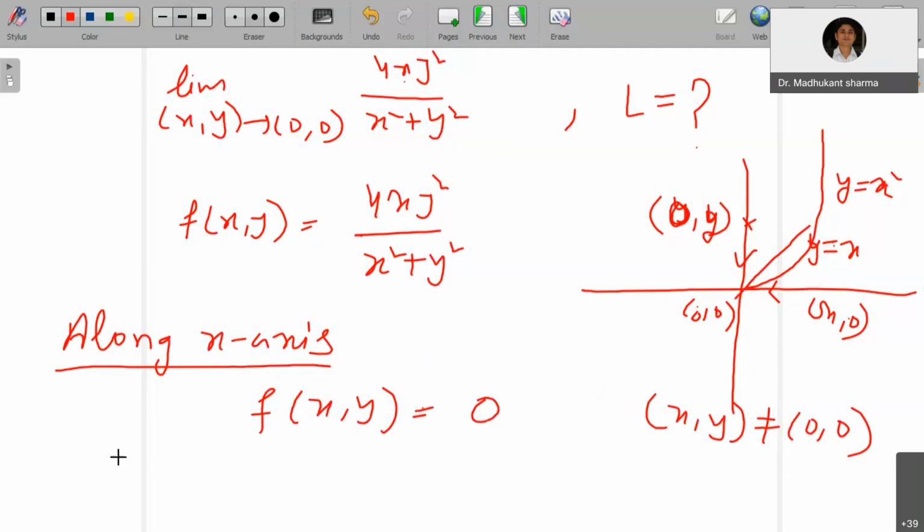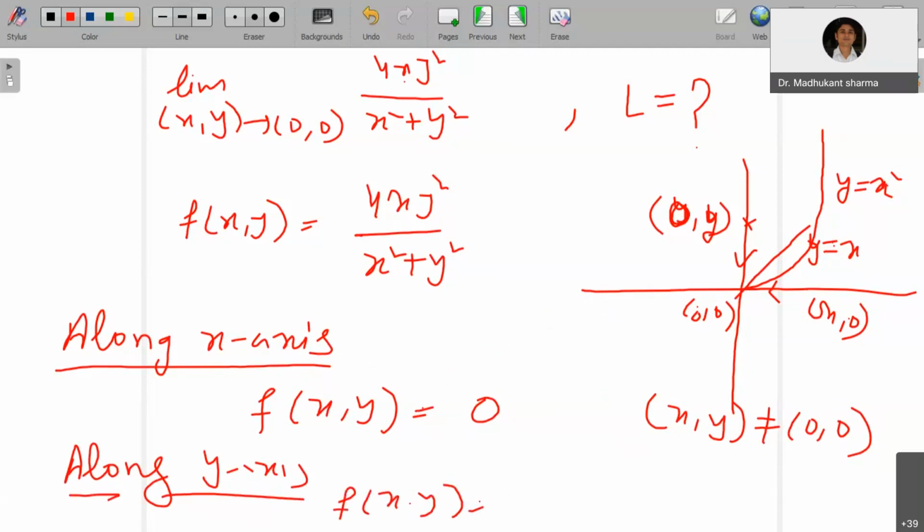Similarly, along the y-axis, f of (x, y) is again 0. Look at the denominator: along the x-axis y is 0 and x cannot be 0, so the denominator will never vanish, but the numerator vanishes because of y equal to 0 or x equal to 0. So along the y-axis f is 0, and along the x-axis f is also 0.